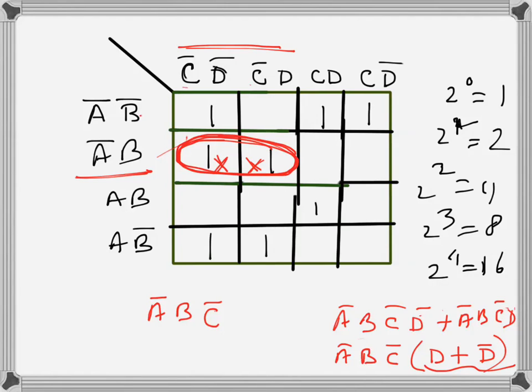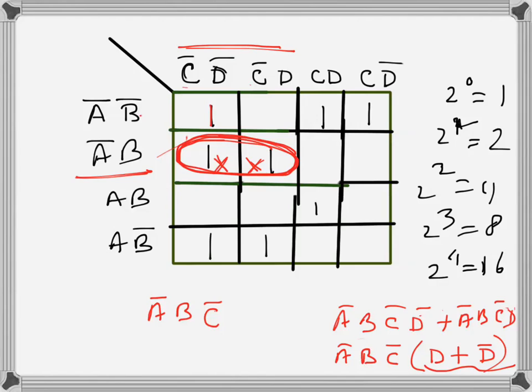Now we have to form a few more groups because we have to take all the ones here. So this one I can take in a group of 2, that is better. I should try to make a group as big as possible and also make as few groups as possible in total.